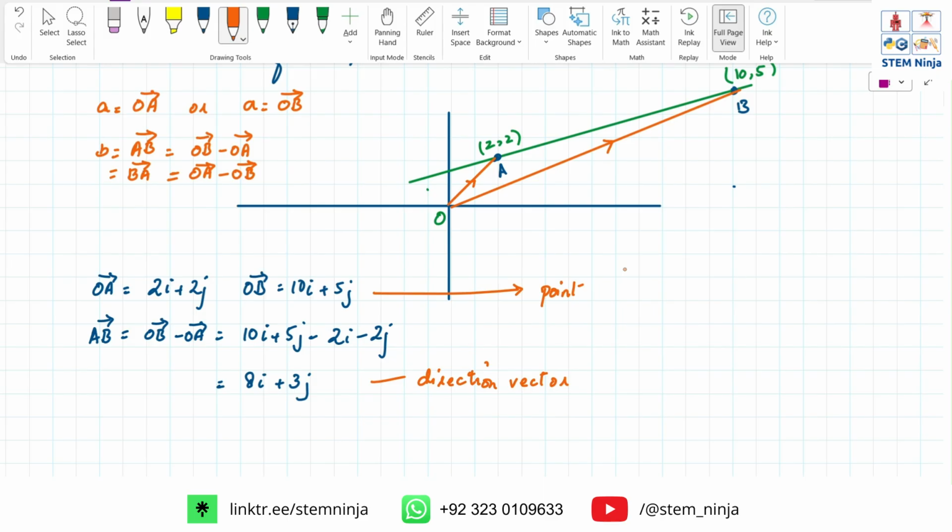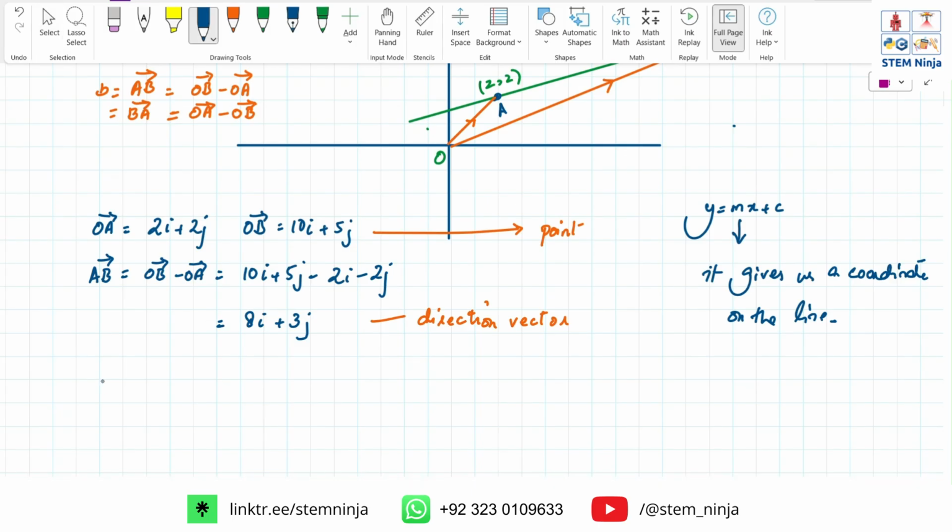Now, how can we write the final thing? Just like y is equal to mx plus c gives us a coordinate on the line, the vector equation of the line should serve the same purpose.